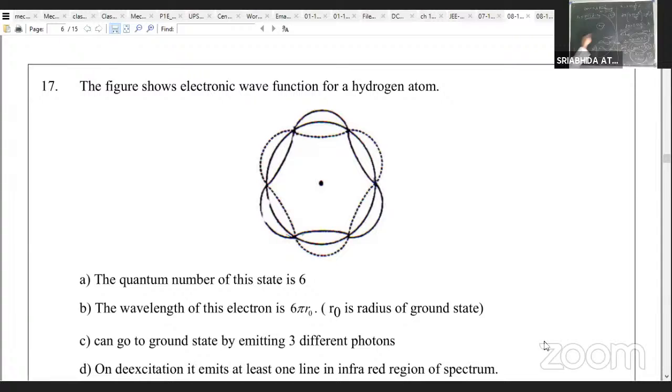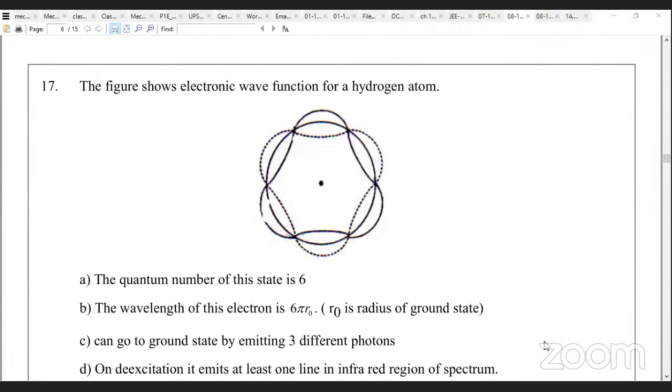So 2 pi r is 0.53 n squared by Z equals n lambda. n will get cancelled, Z is 1. So this equals r naught, so 2 pi into r naught. They are talking about n equals 3, which equals lambda. So lambda is how much? 6 pi into r naught. Any doubt up to this? No, sir.